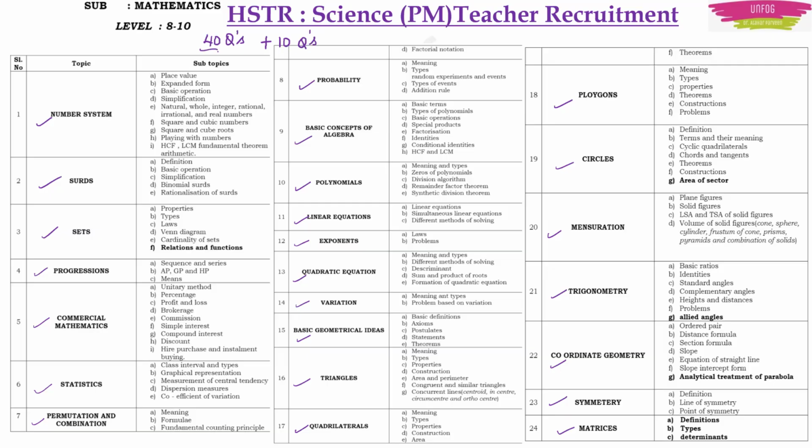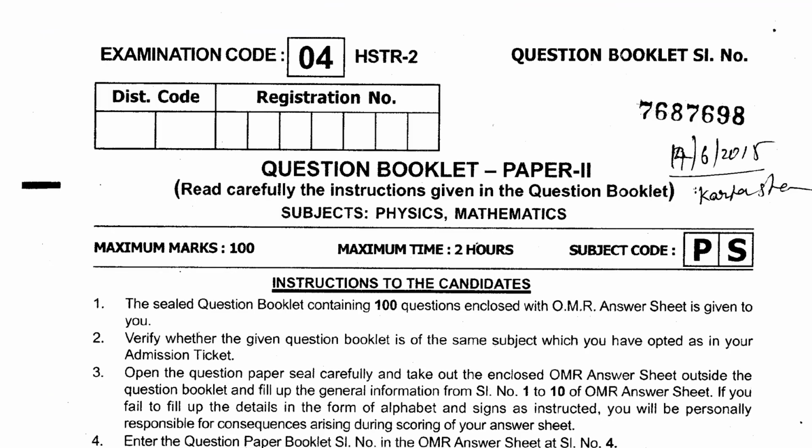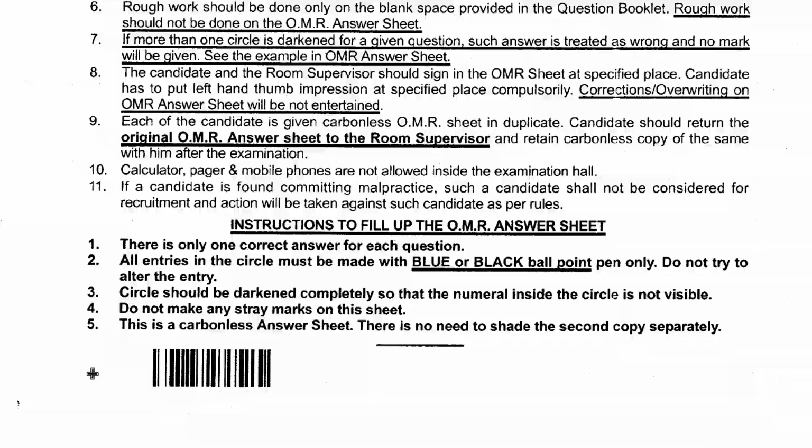Proper 40 questions for mathematics and 10 multiple choice questions for mathematics methodology. So what about the rest 50? From that rest 50, 40 questions are for physics and 10 questions are for physics methodology. So basically 50 questions from physics and 50 questions from mathematics.